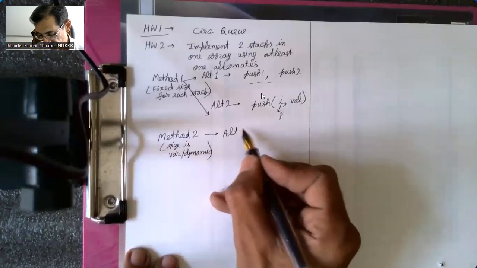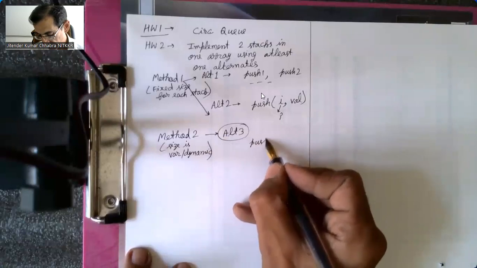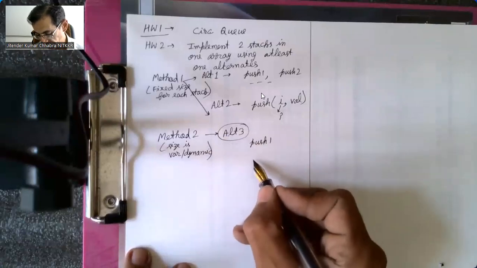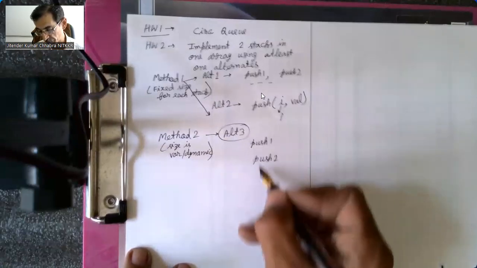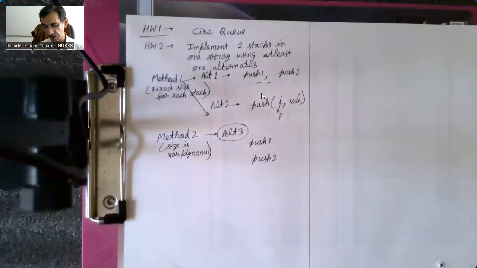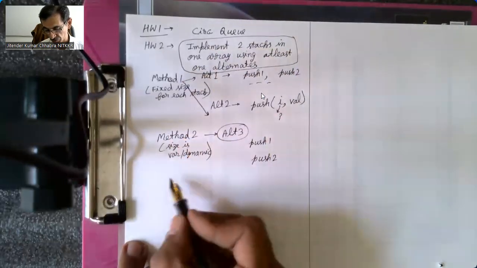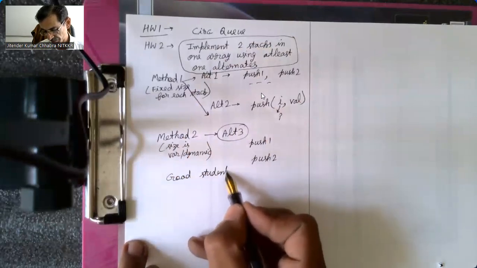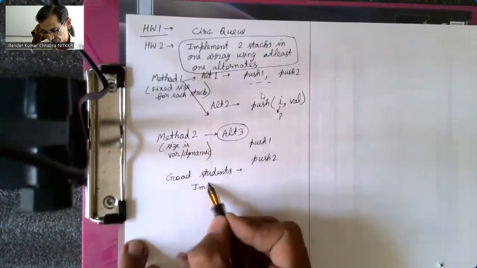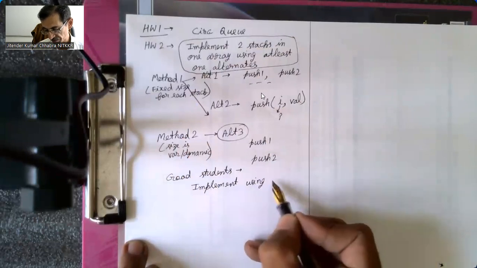This alternate I say as alternate 3. And here you should be able to implement push 1 and accordingly push 2. Of course, there can also be alternate 4 where both of them can be coded using a single module also. So that's also one and the same thing. You can try that. But I say at least one alternate should be used, and good students must try all 3 alternates. So I will say implement using all 3 alternates.